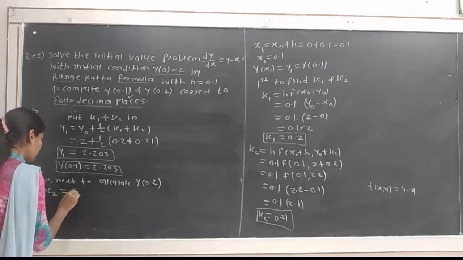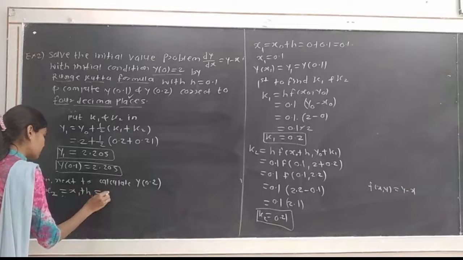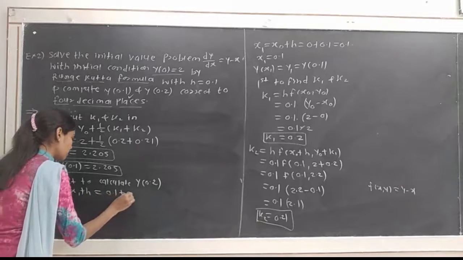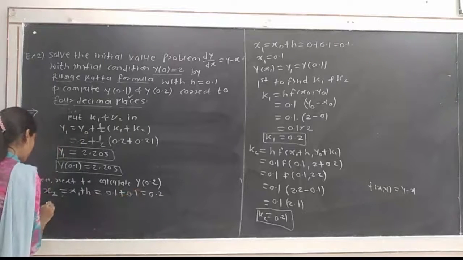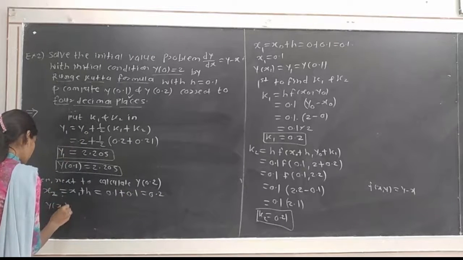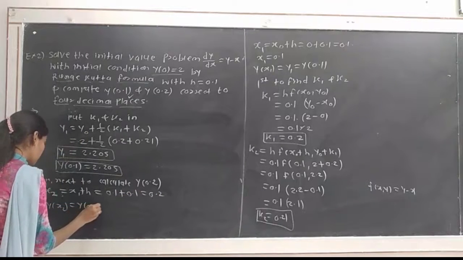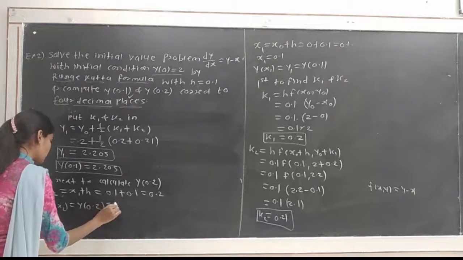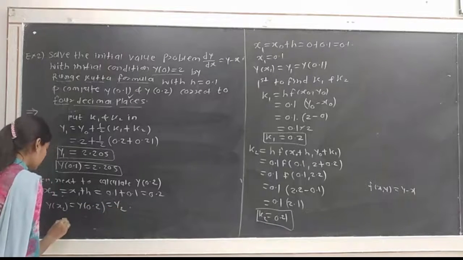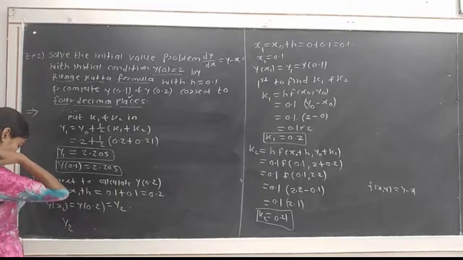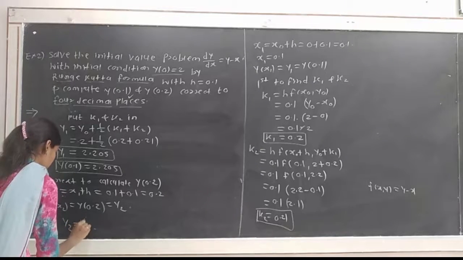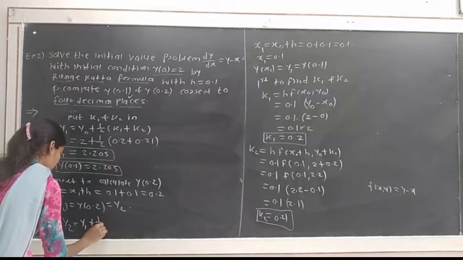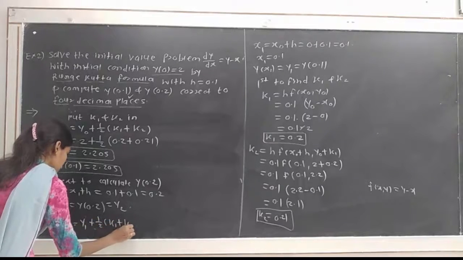So x2 will be x1 plus h. x1 is 0.1 plus h is 0.1, so x2 we get 0.2. So y of x2, that means y of 0.2, and that is y2. For that the formula is y2 is equal to y1 plus 1 by 2 in bracket k1 plus k2.